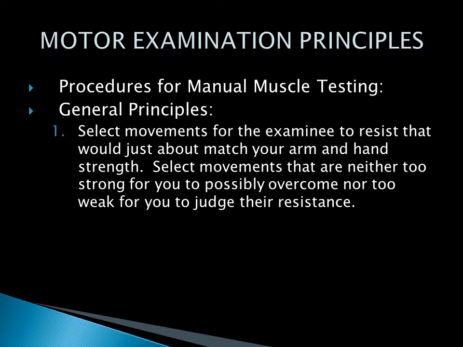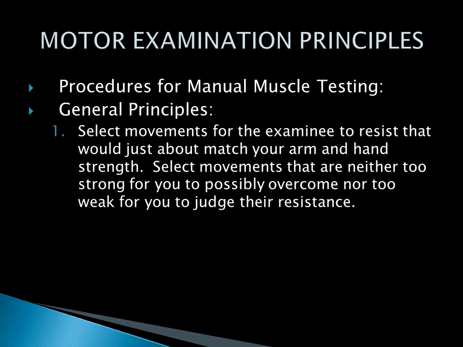Okay? So, for example, if you are testing resisted shoulder abduction in a small female and you're a large male examiner, you want to not apply your resistance to their wrist or hand area.